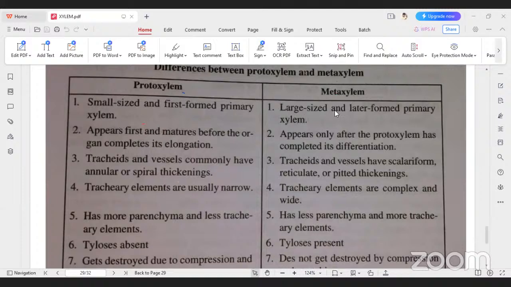Metaxylem is large and is the later formed primary xylem. Protoxylem appears first and matures before the organ completes its elongation. Metaxylem appears only after the protoxylem has completed its differentiation, right?